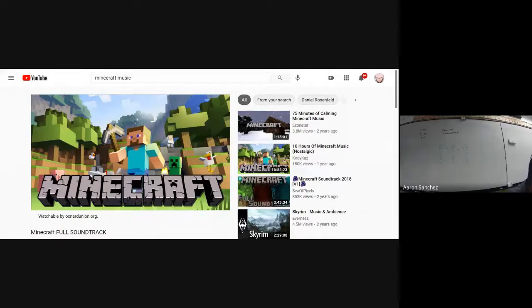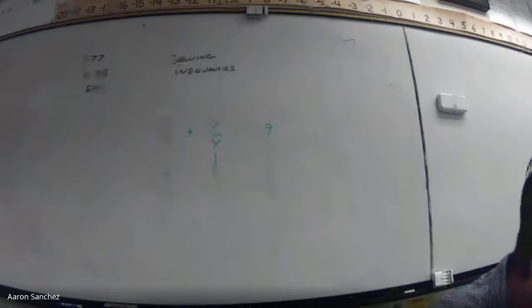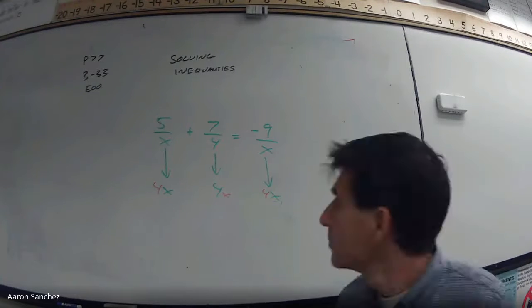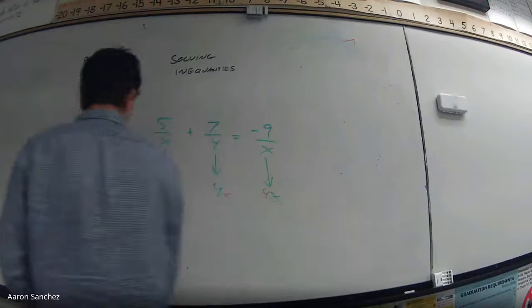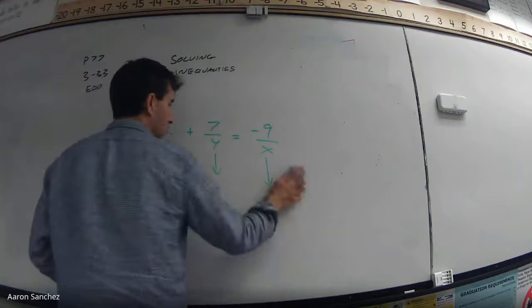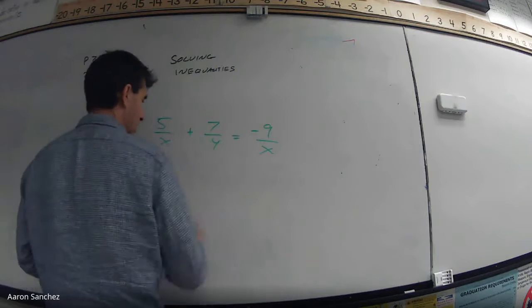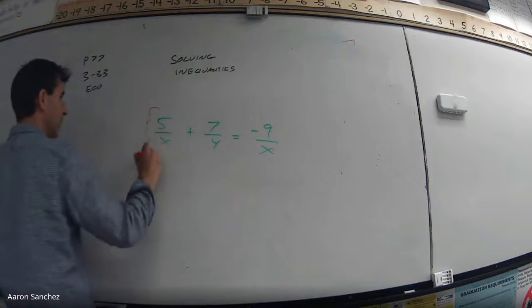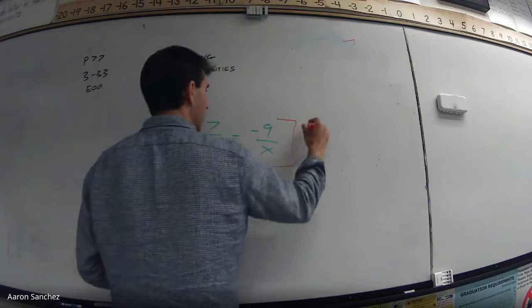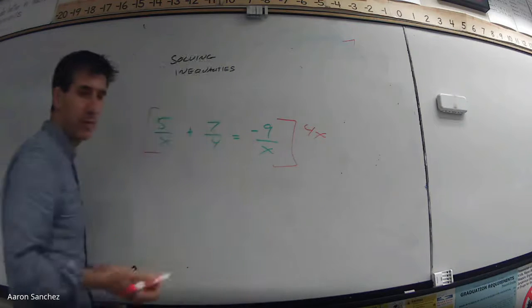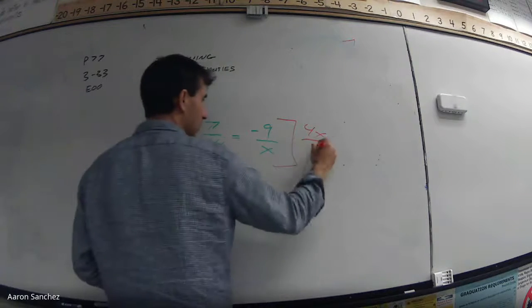I'm going to stop presenting the Minecraft music so you guys can see. Remember we said 4x is our common denominator, so let's multiply everything by 4x, right? Multiply everything by 4x over 1. So these all become 1.